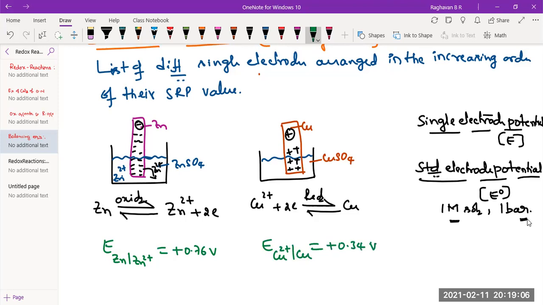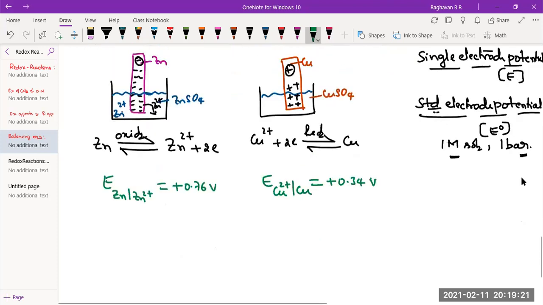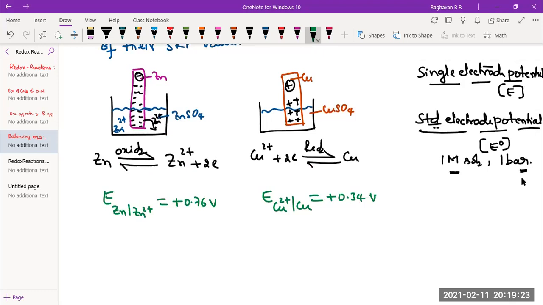Okay, so you can see the symbol, atom to cation is loss of electron, oxidation. Oxidation potential is 0.76. Ion, cation to atom is reduction. Reduction potential is 0.34. But the thing is, by convention, the electrode potential of any single electrode must be expressed only in terms of reduction potentials.